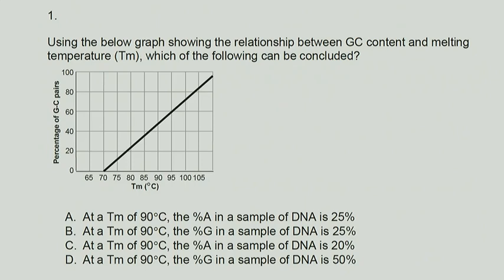If 90% of your DNA is GC, what's the other 10%? AT. So this graph just tells you the GC percent. You subtract that from 100, and that's your amount of A and T. But A is equal to T, and G is equal to C. AT is not equal to GC.